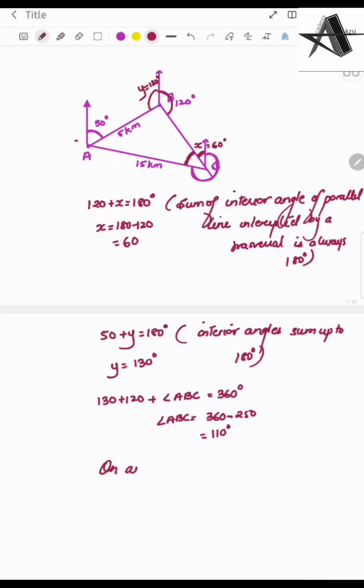On applying sine rule, I can say that 15 kilometer value over sine of opposite angle. Opposite angle is, we just calculated, 110. So sine of 110 degrees is equal to 5 kilometer over opposite angle that we have to calculate, which is angle BCA. So sine of angle BCA.